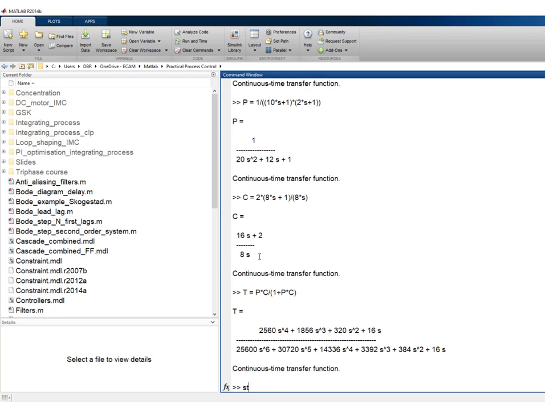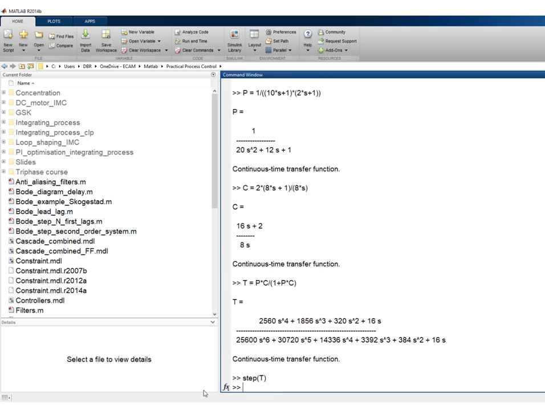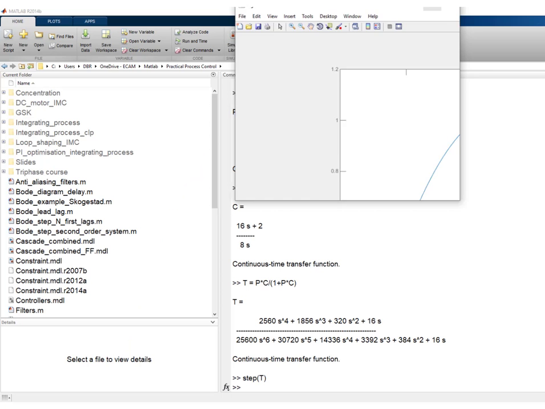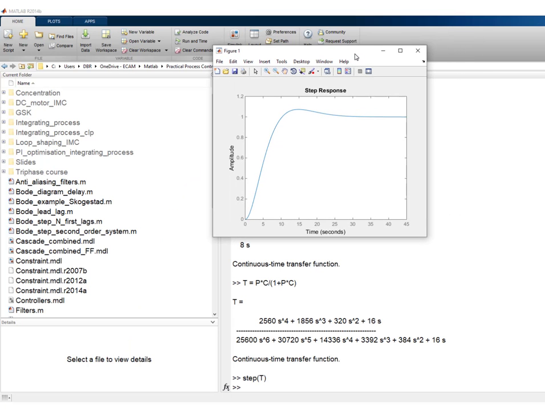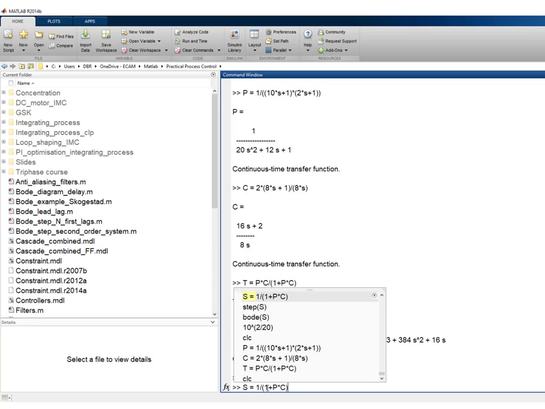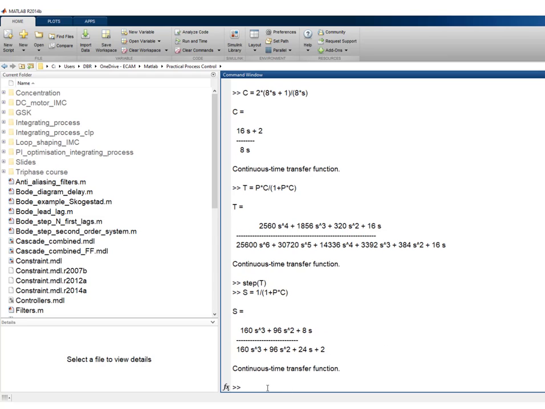And then we can, for instance, look at the closed loop step response with this process, and this is how it looks, right? So this looks okay, and now we can have a look at the peak sensitivity. For that we need to construct the sensitivity transfer function.